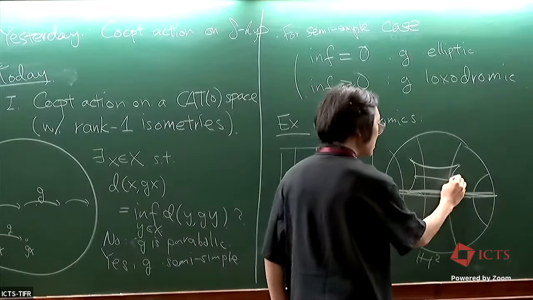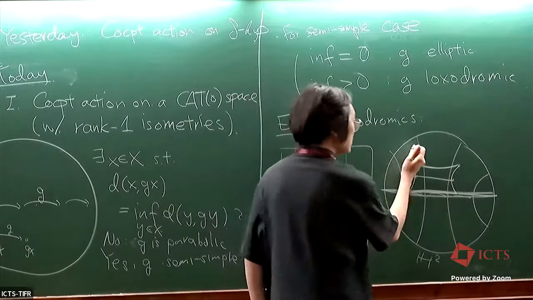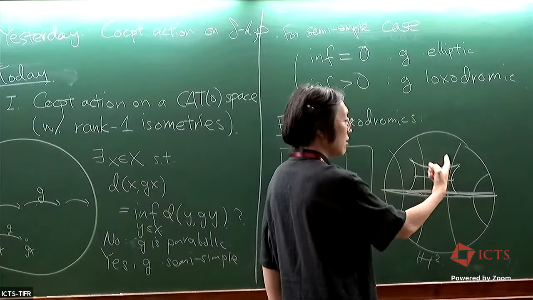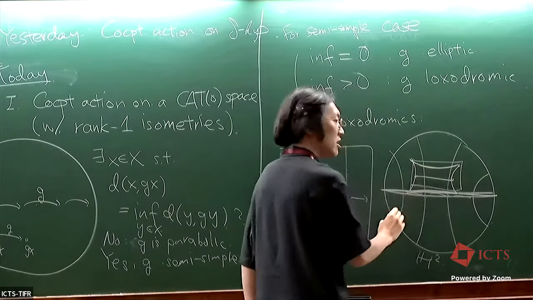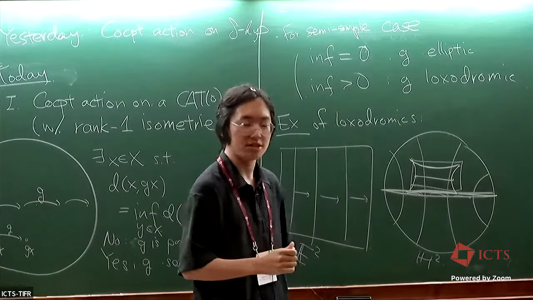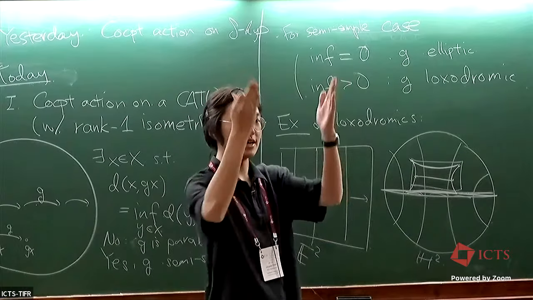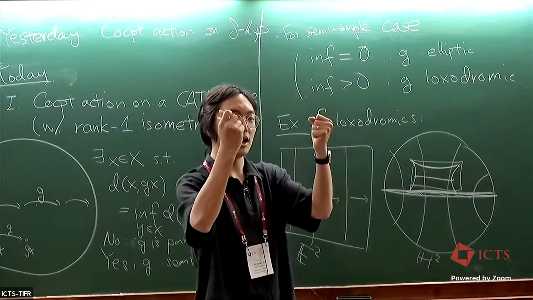So this will be moved by a smaller displacement, which is a contradiction. Basically, this is related to the fact that whatever quadrilateral you draw is not quite flat. It has some hyperbolicity, so the sides are pulled together.